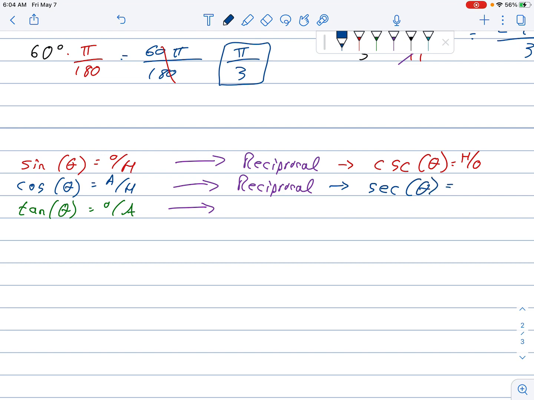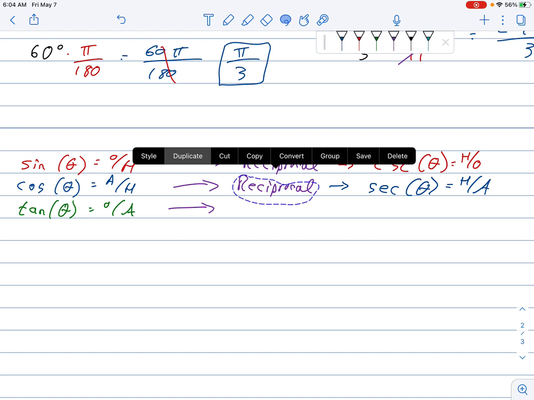Is that not annoying to have cosine map with secant and then sine maps with cosecant? Yes, it is. Why does it do that? Well, sine and cosine are complementary, so when you reciprocate them, the other one's the complement of the other one. So it does work out mathematically, but of course, when you're memorizing, you're like, well, that's annoying.